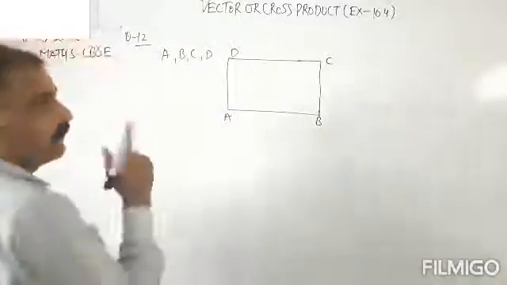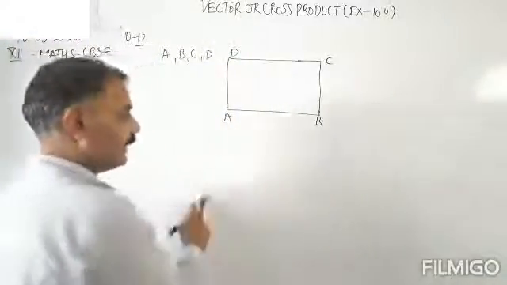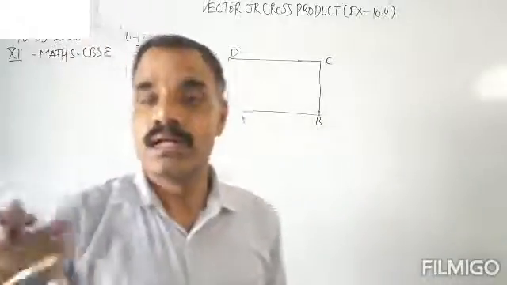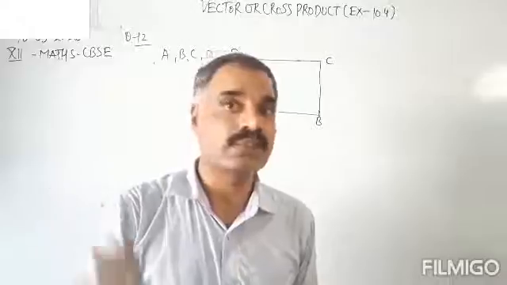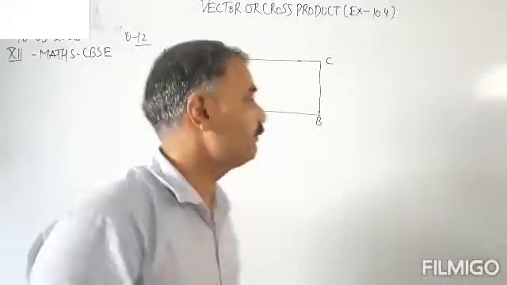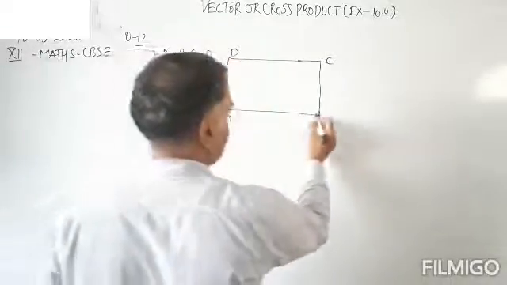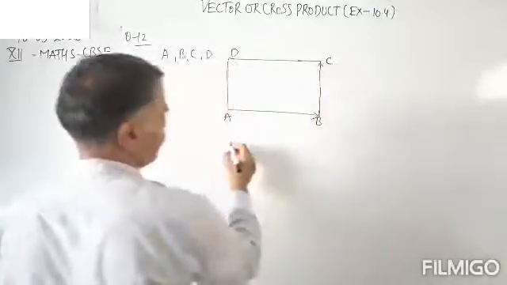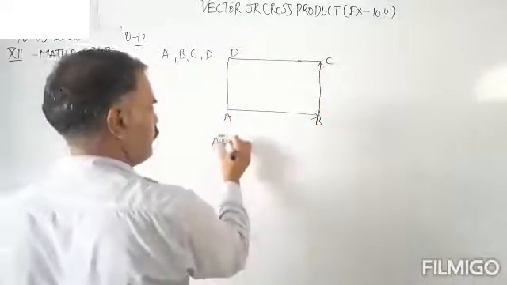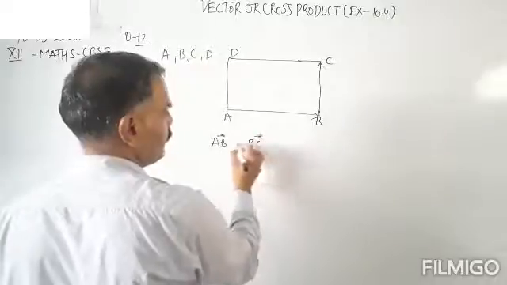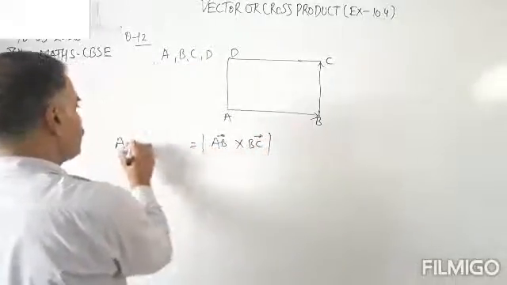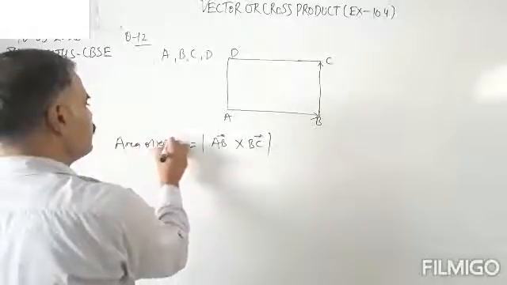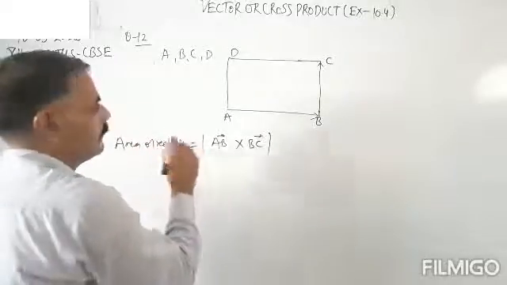Now, since a rectangle is a parallelogram, we will find the two adjacent sides, that is AB vector and BC vector, and find their cross product. This is the area of rectangle ABCD.